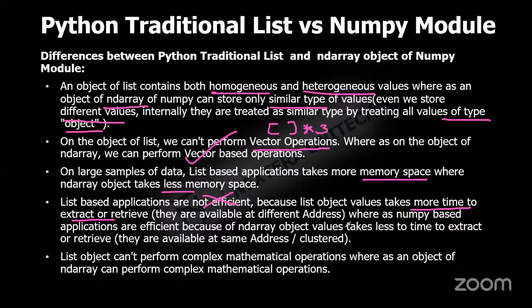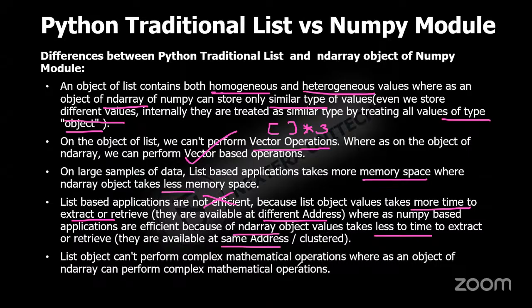Whereas NumPy based NDarray objects take a very small amount of time to extract. The reason being, they are available at the same address. They are not like a list. List objects are available at different addresses. So this makes the difference.